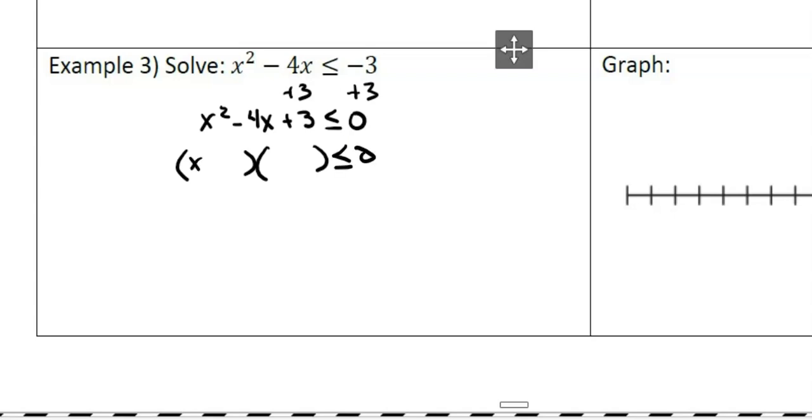So we say x here, x. Two numbers that multiply to 3 would be 3 and 1, but add to -4. So in order for that to be true, it has to be -1 and -3. Well, -1 times -3 would be +3, but those two numbers combine to give a -4.